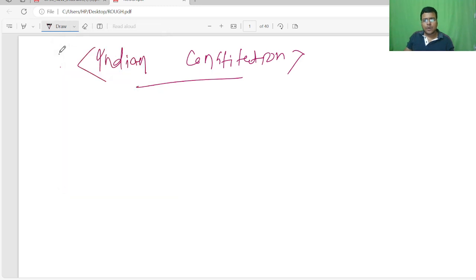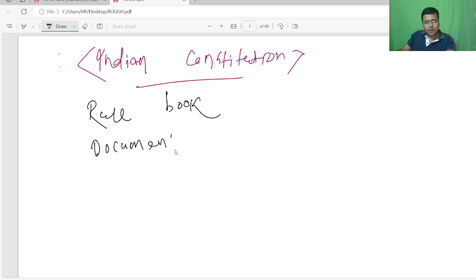So you all know when we discuss the Constitution, we say it is a rule book. Very basic definition of the Indian Constitution or any constitution: we can call it a rule book. It is a document, and in this document people have faith.